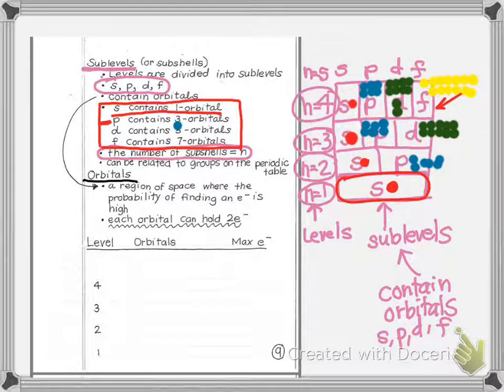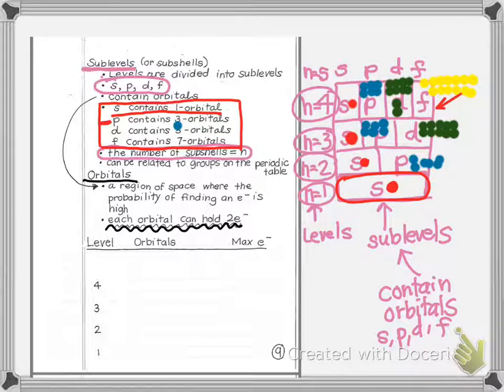In the modern solution, orbitals aren't really like chairs. It's an area, a region of high probability of finding the electron. So that's where we're most likely to find that particular electron or electrons. And each orbital, this is important, you see it's underlined here, can hold 2 electrons.